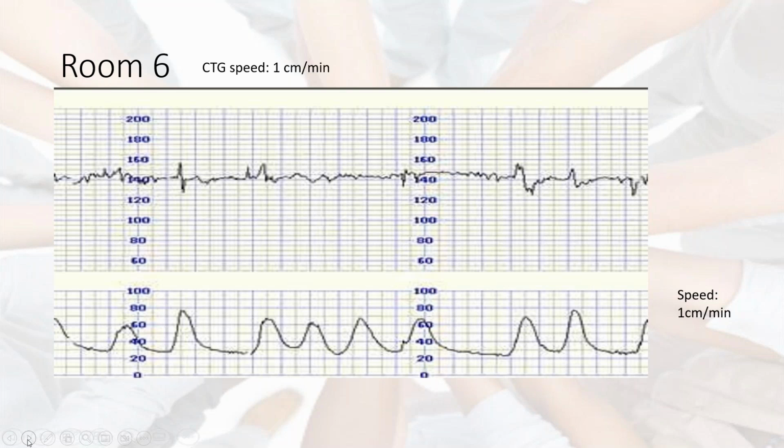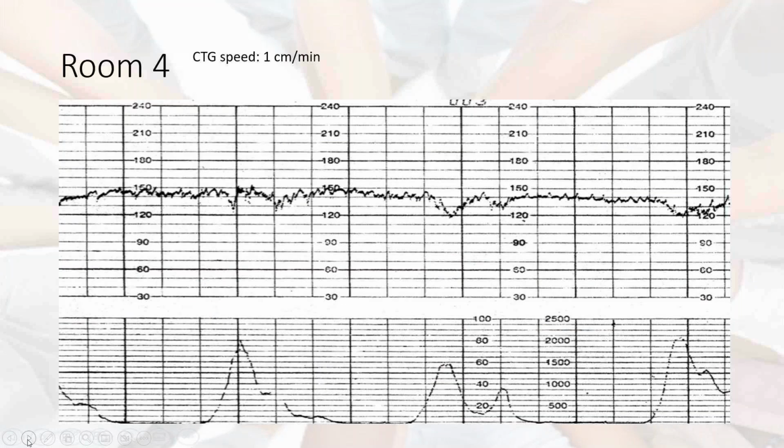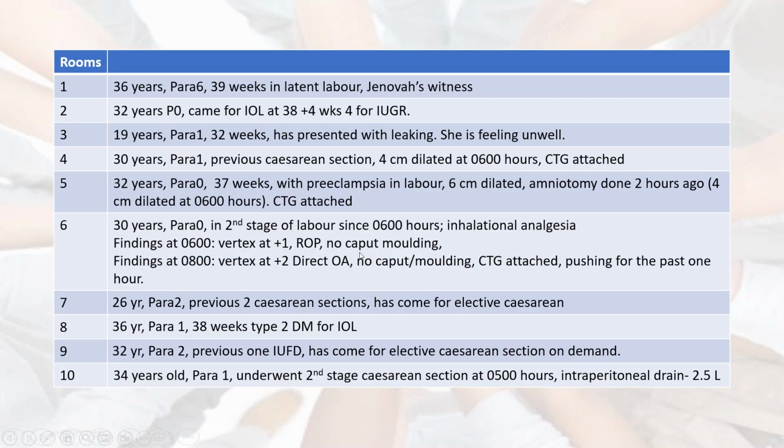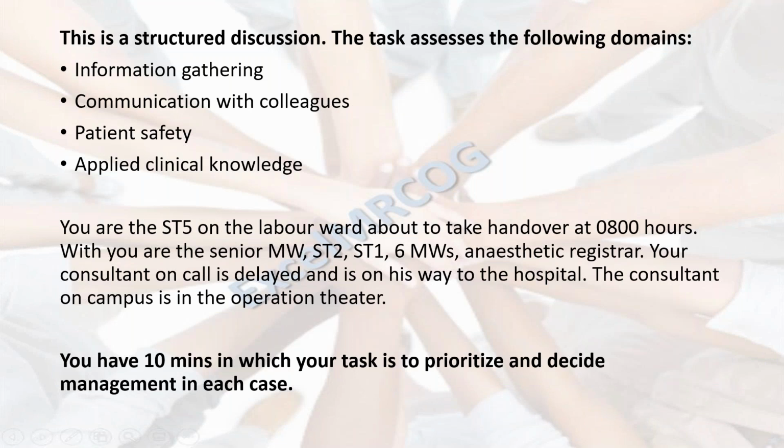Ma'am, first one, please. Now one by one, you all can tell me what you have interpreted from the task. What type of task is it? I've told you all there are various types of labor ward prioritization. All 3 of you can unmute. Second page, ma'am.